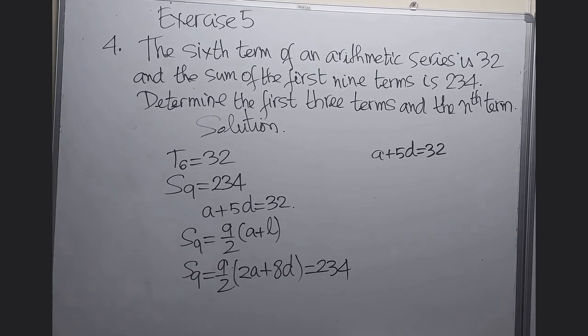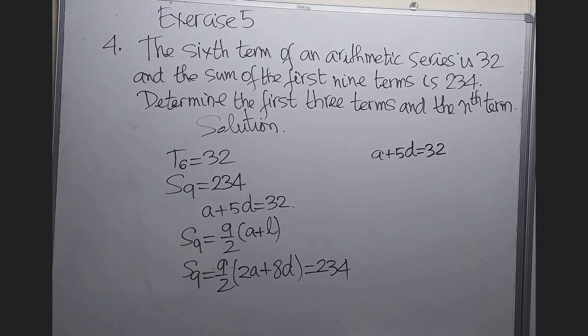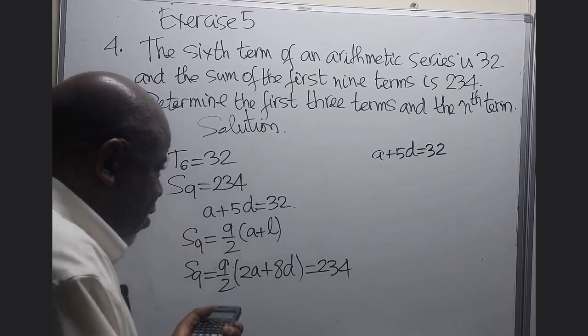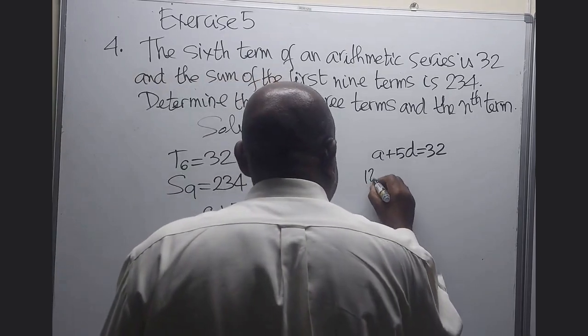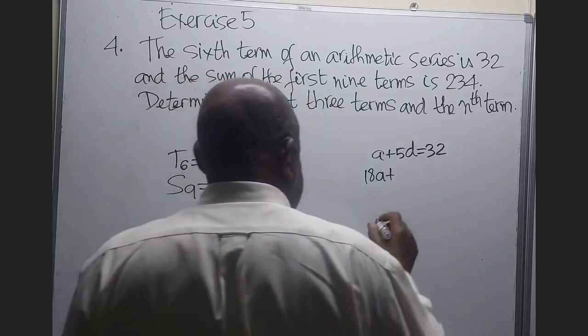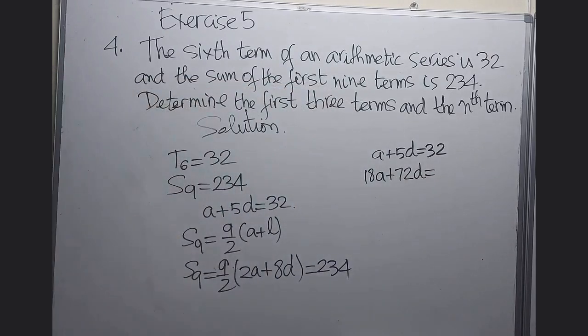What are we going to have? 9 times 2a, this will be 18a. And 9 times 8, then we're getting 72d. This will be equal to 234 times 2, we're getting 468.